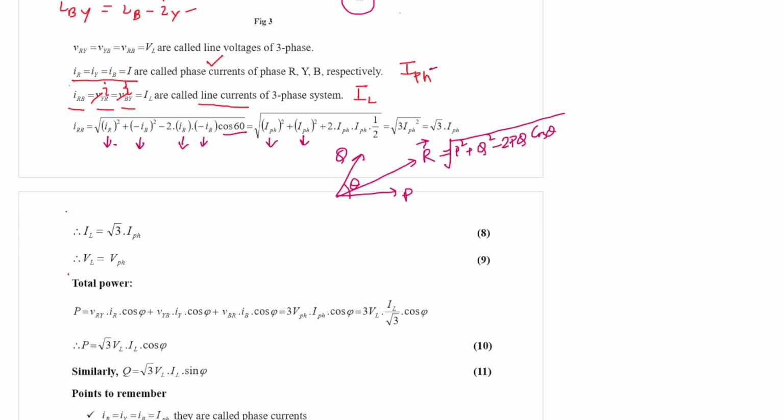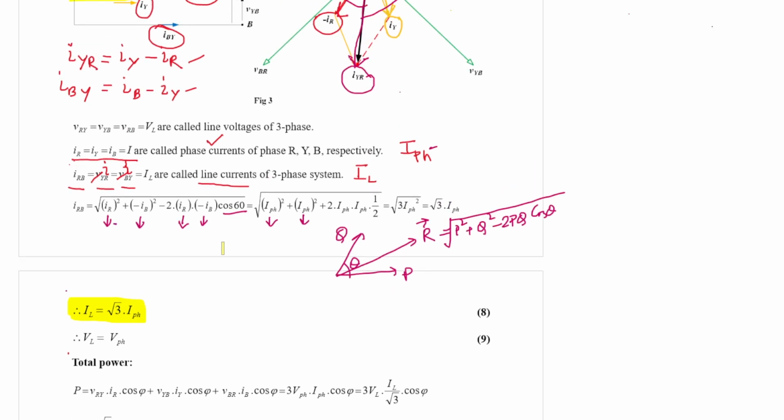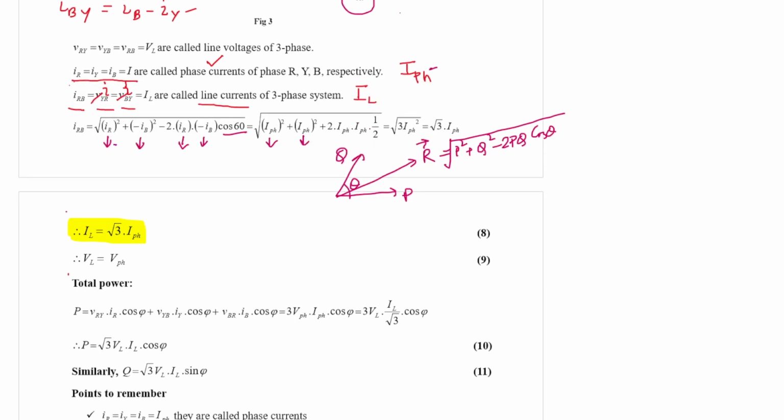So we get a very important relation: line current becomes root 3 times phase current. This is the relation we obtained for the star connected network for voltage phasors, but in case of a delta connected network we obtain this relation for the current phasors.